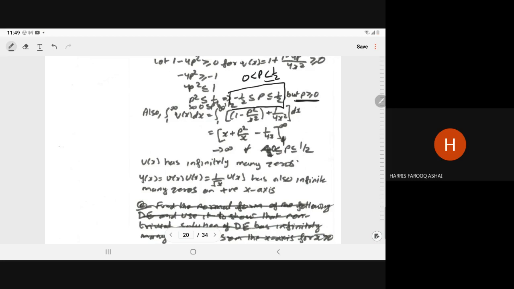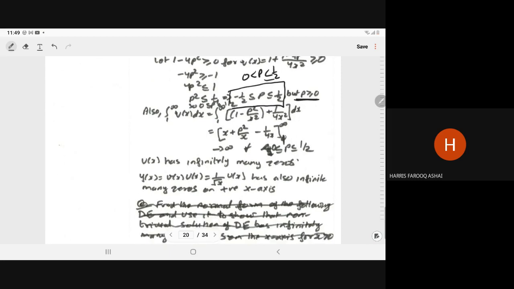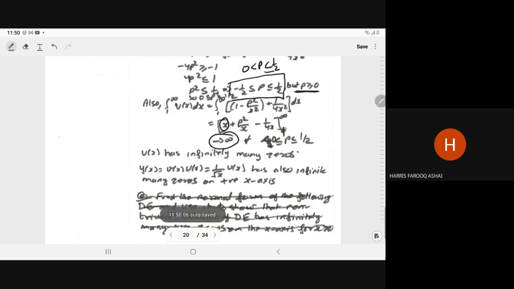For this range, if you compute the integral from 1 to infinity of q(x) dx, where q is 1 minus p square upon x square plus 1 by 4x square, both forms are the same thing. As x tends to infinity, the integral tends to infinity.